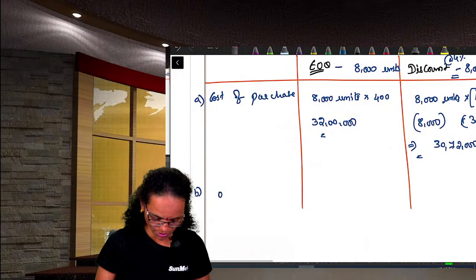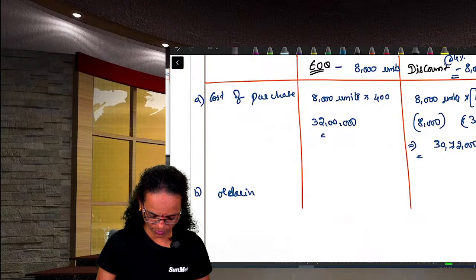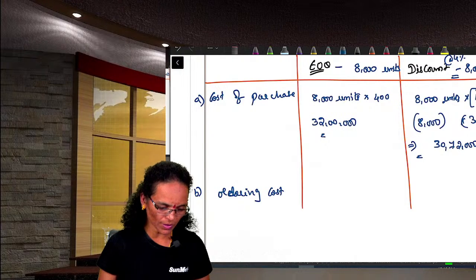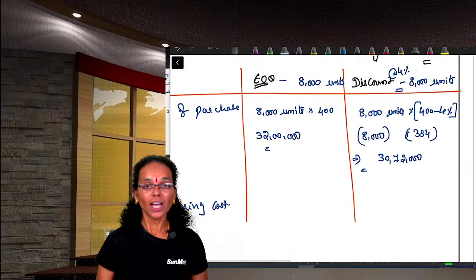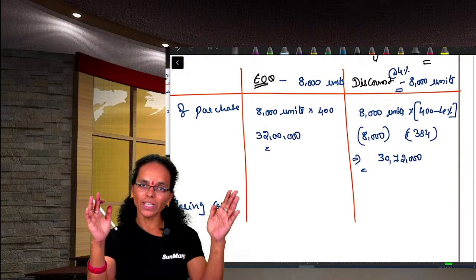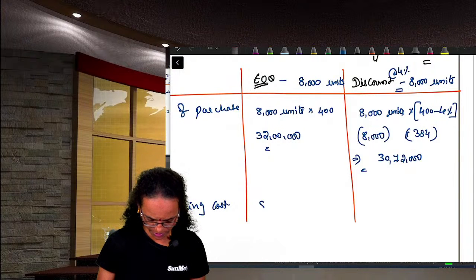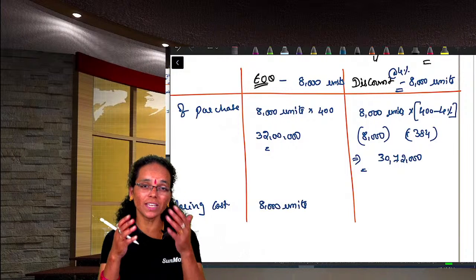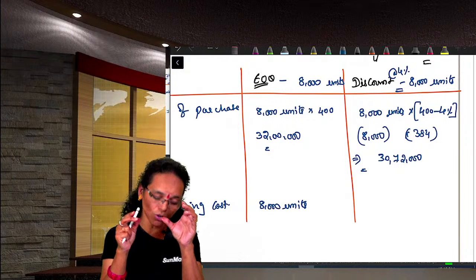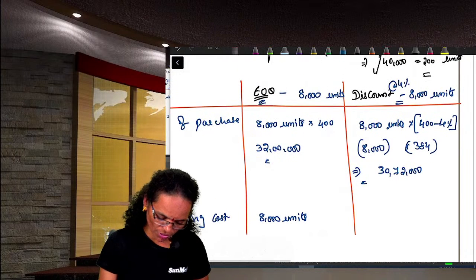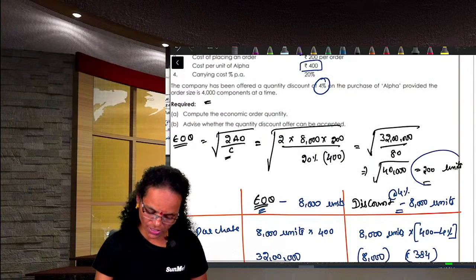Next one is ordering cost. See, our requirement for the throughout year is 8,000 units. But we are placing a request for how many units in a single go? In economic order quantity, only 200 units.